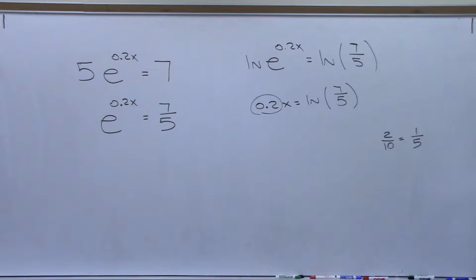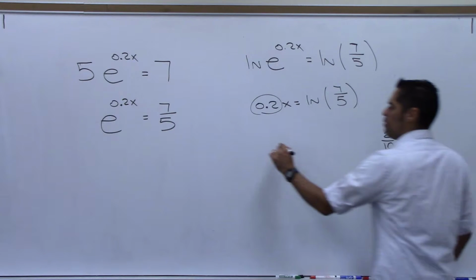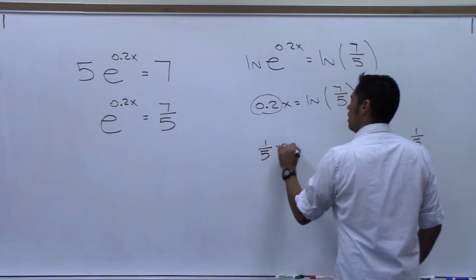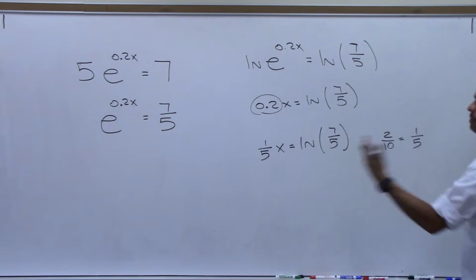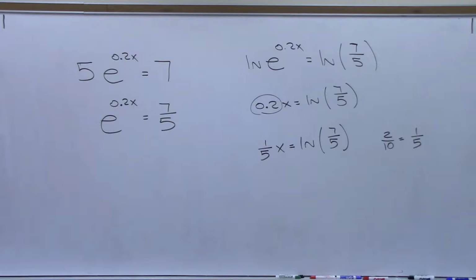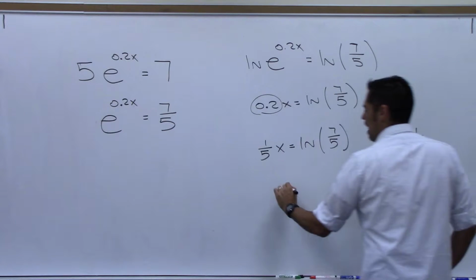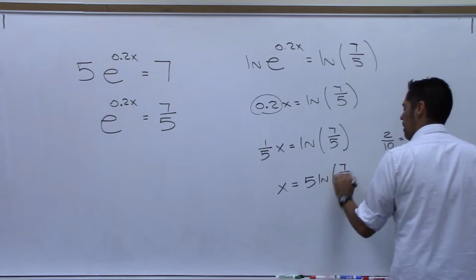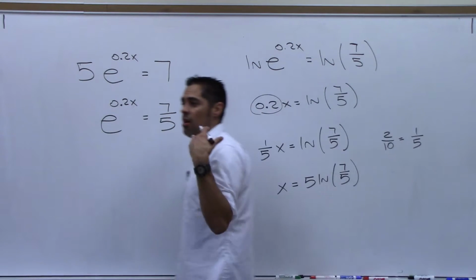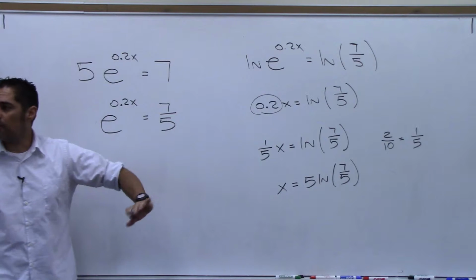So this is really 1/5 x equals natural log of 7/5. Then they multiply both sides by 5 to get the 1/5 out of there. That's how they come up with 5 natural log of 7/5. Now, if you just did it all in your calculator and got the decimal, that would be okay also.